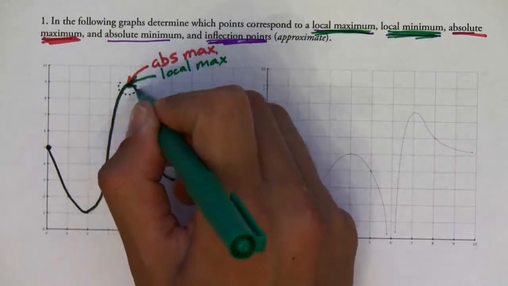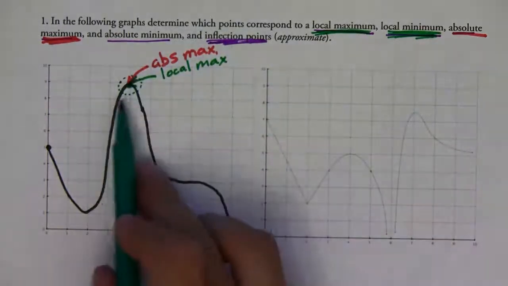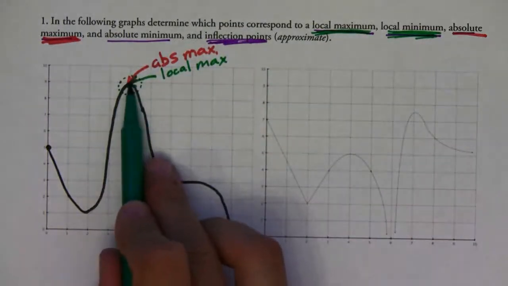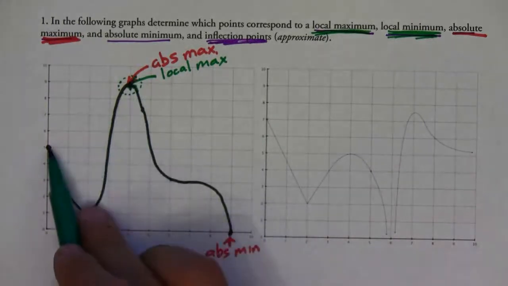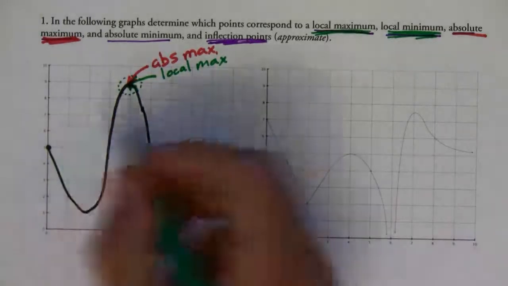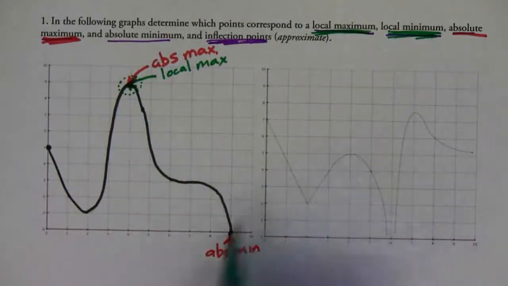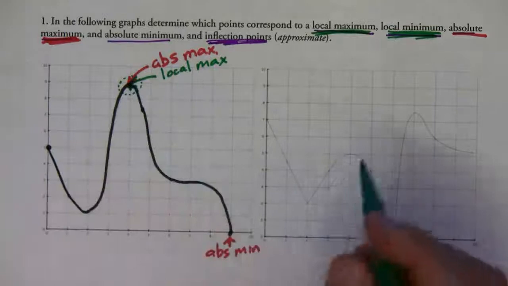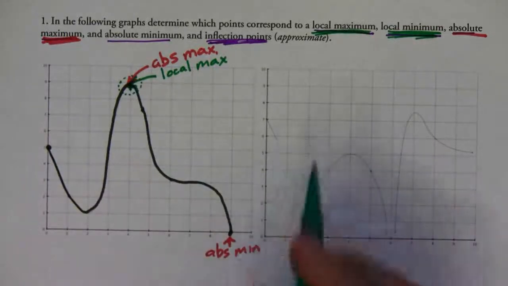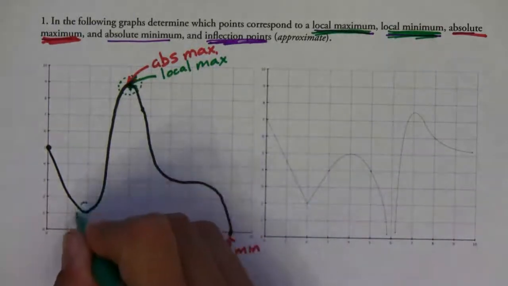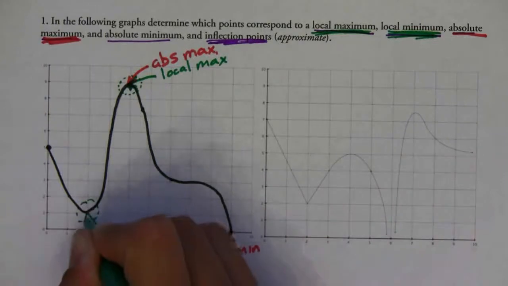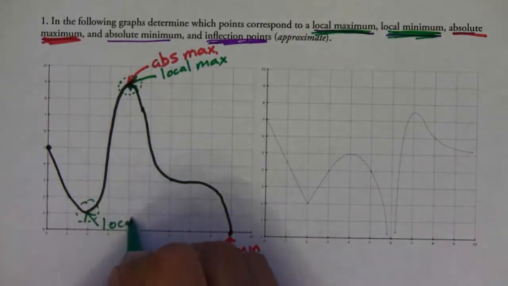So if you make a little bubble around it, this value is bigger than everything around it, so it's a local maximum. The endpoint is not considered a candidate for local maximum or minimum, so we don't use that one. And then right here we have a local minimum.